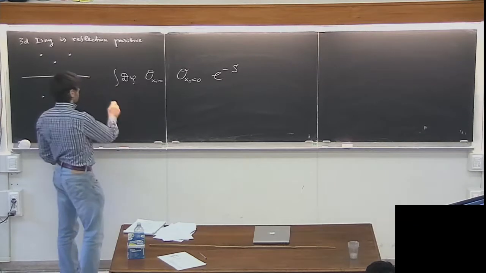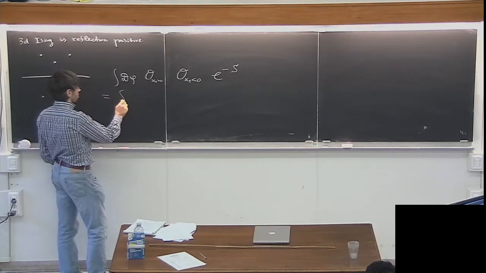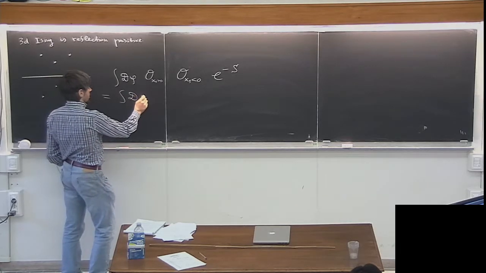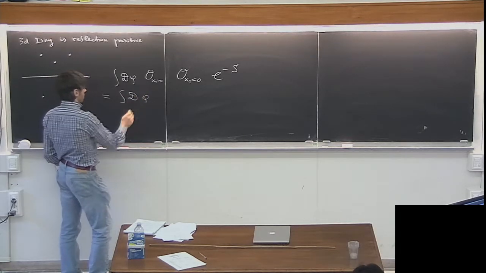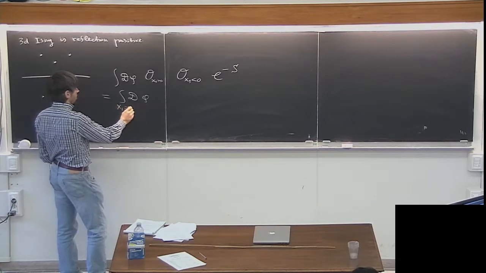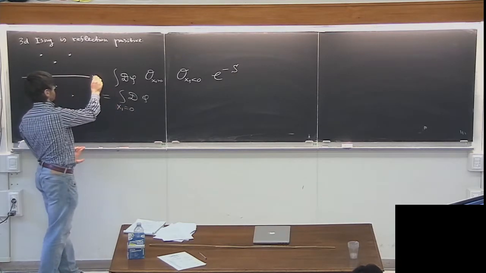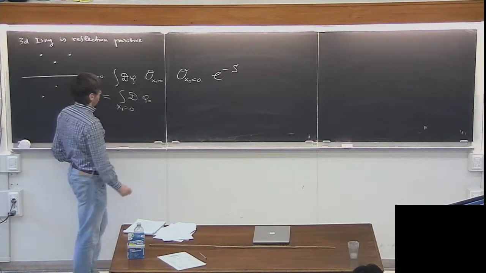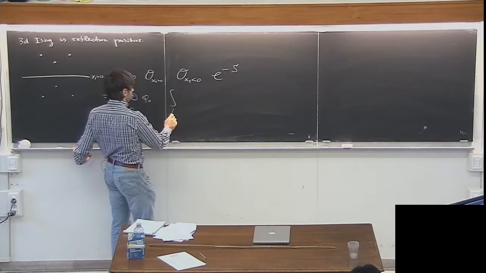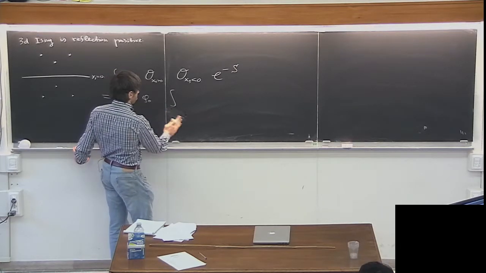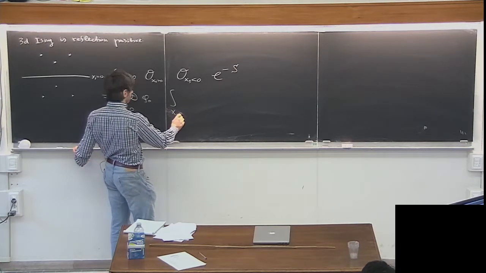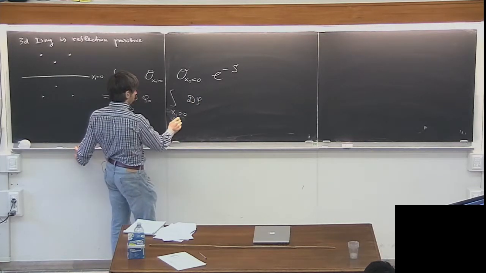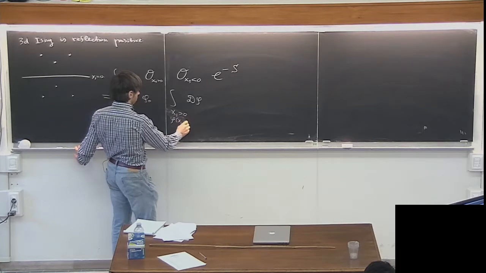So what you can now do, you can split this path integral, or integral over spins, into spins which are located at the surface x1 equals 0. Let me call it phi 0. And then you integrate over spins where x1 is bigger than 0. But here you impose the boundary condition that phi of x1 equals 0 has to be equal to phi 0.